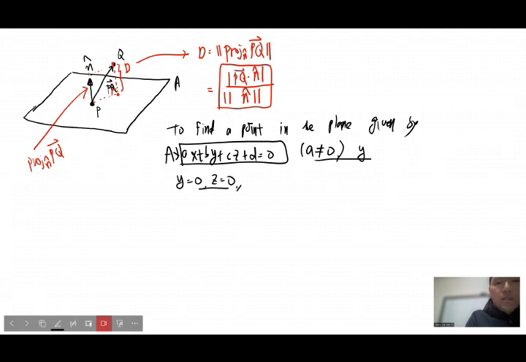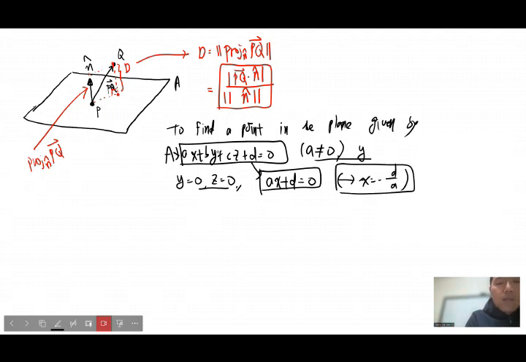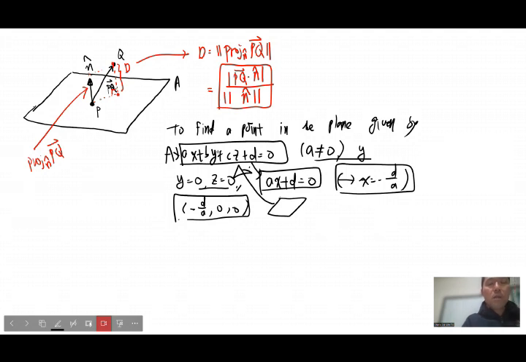Then this equation changes to Ax + D = 0. Then you can conclude that x should be minus D over A. The point on the plane should be (minus D over A, 0, 0). That point should be on the plane A, and it can be used as the reference point to determine the distance too.